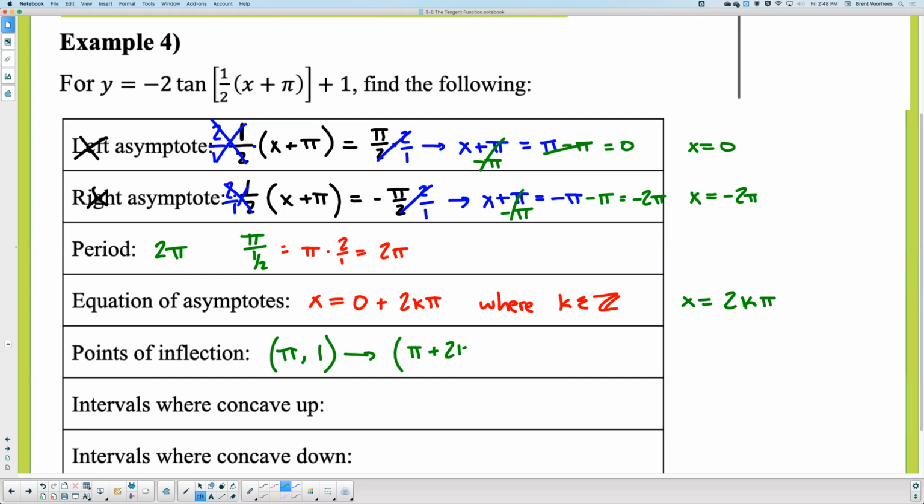So I would do pi plus 2k pi, comma 1. That would be all points of inflection right there.